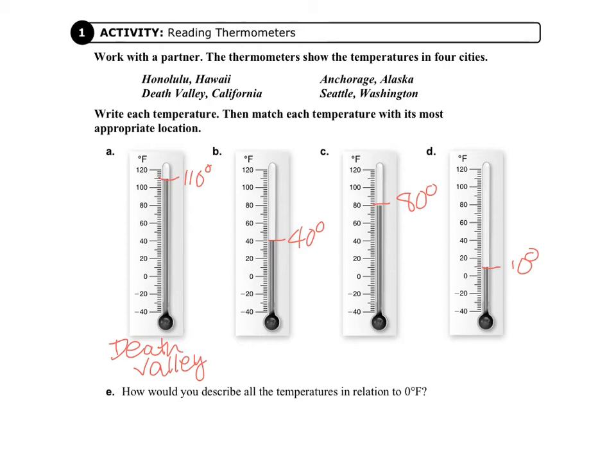So we'll guess that that one would be Seattle. And letter C is about a perfect temperature, so we'll guess that one would be Honolulu. And that leaves the last one being Anchorage.